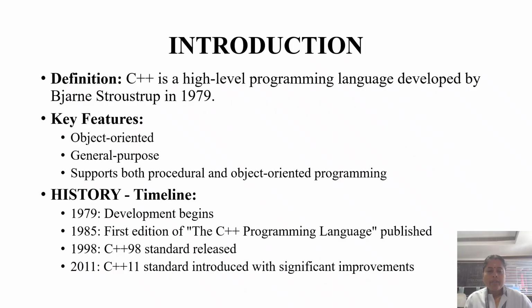In 1979 the development of C++ began, and in 1985 the first edition of the C++ programming language was published. In 1998 the first standard was released, and in 2011 a standard was introduced with significant improvements.